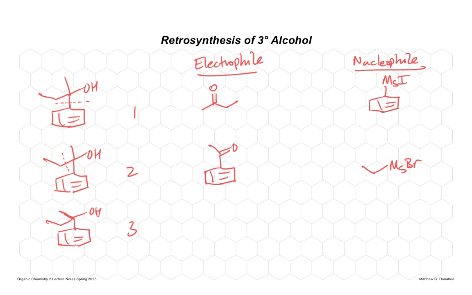And then the last one, we'd look at breaking the last carbon-carbon bond here. So we would have a 1-carbon organometallic. So conceptually, that illustrates the 3 ways you could make any alcohol.